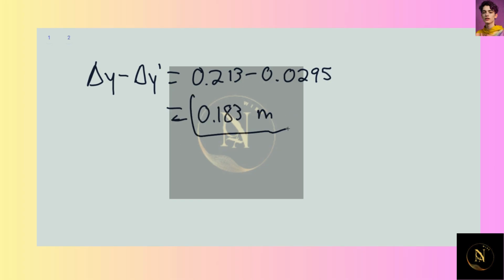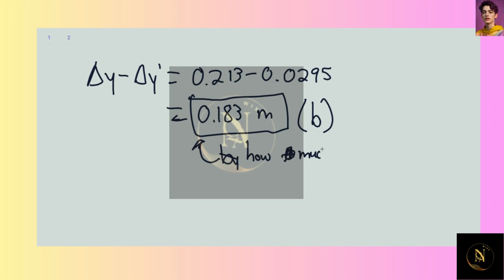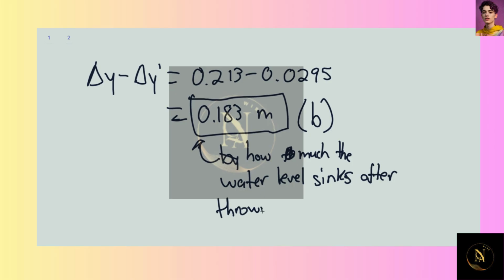So this is going to be part B, and this is going to be by how much the water level sinks after throwing the metal off the barge. And that's the end of the solution.